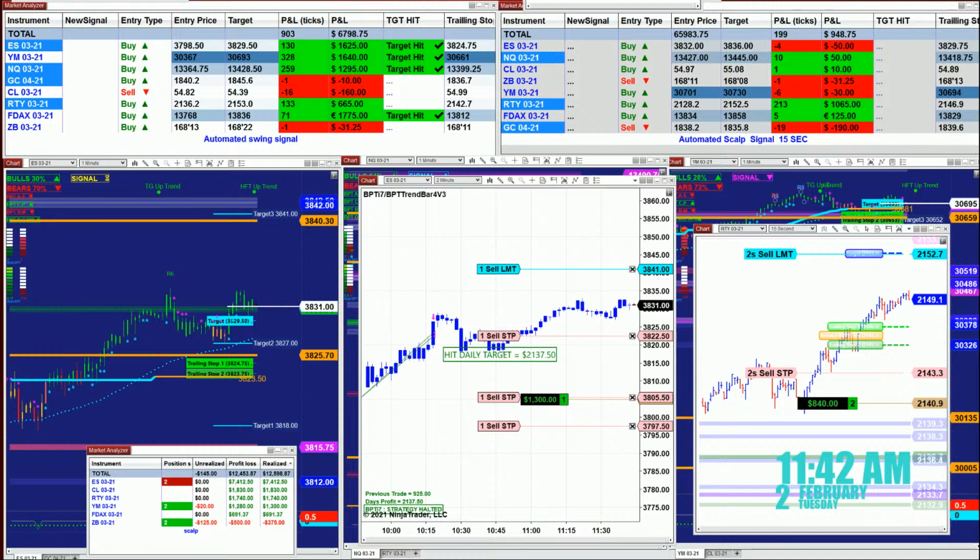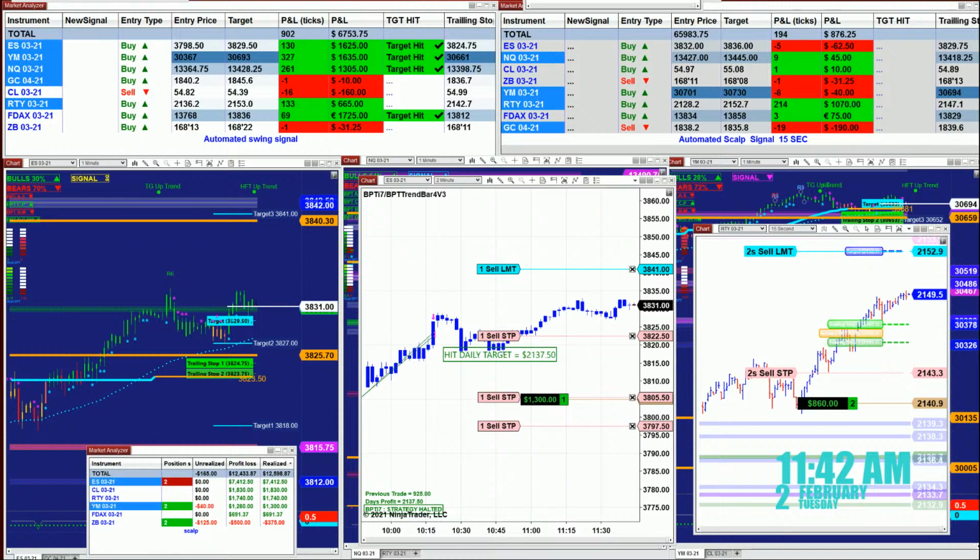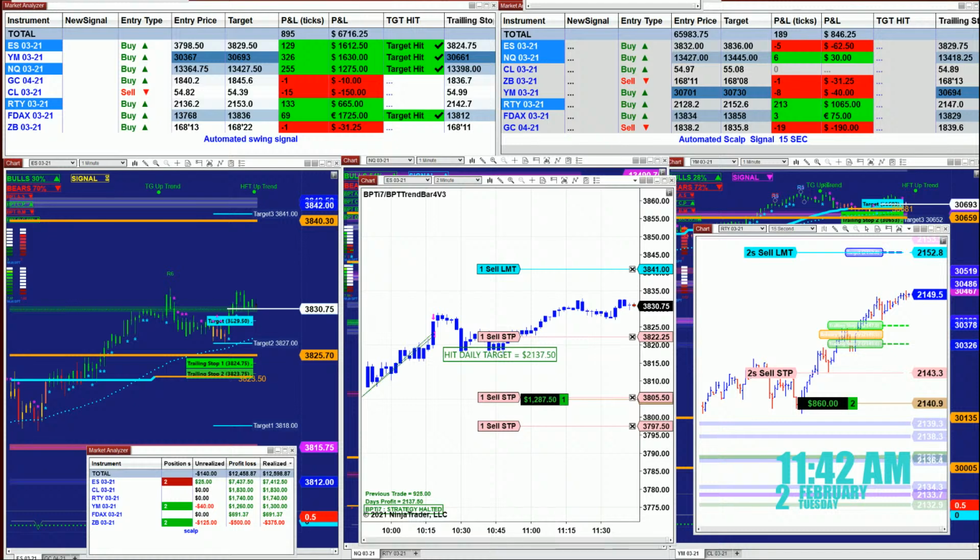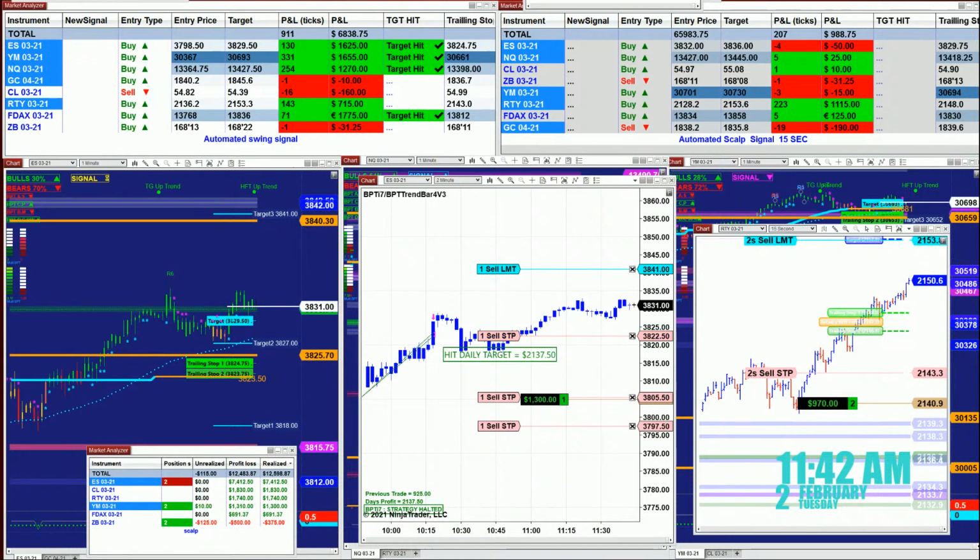There is a very rare signal on the pullback re-entry, on each direction once. So you can use the 15-second, and let's say you don't have that much money, but you still can put two contracts.